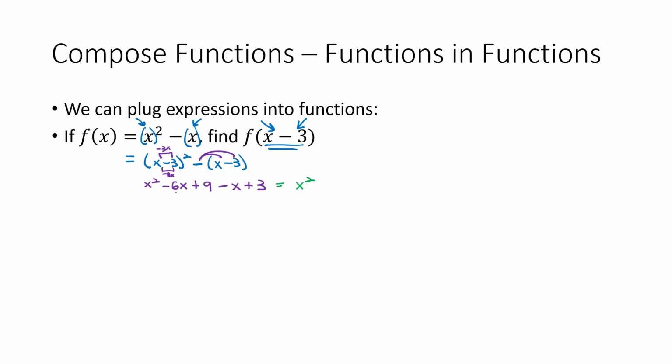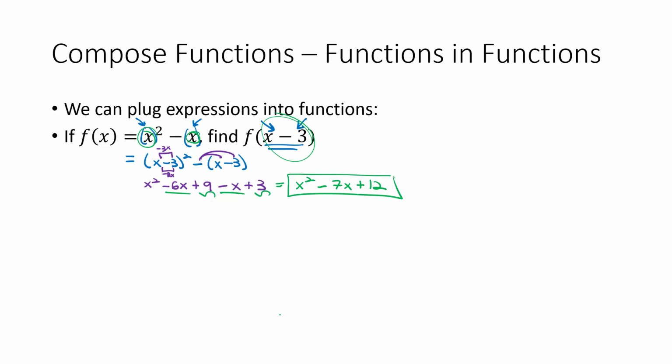X squared, negative 6x minus x is negative 7x. And 9 and 3 is 12. And now we've got our final function in function. That x minus 3 was inside the function, so we plugged it inside the x's and simplified. Anything inside the function, the variable gets replaced with.